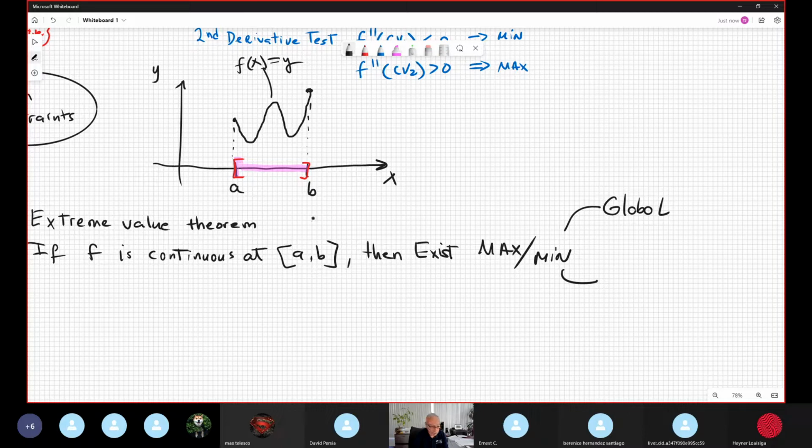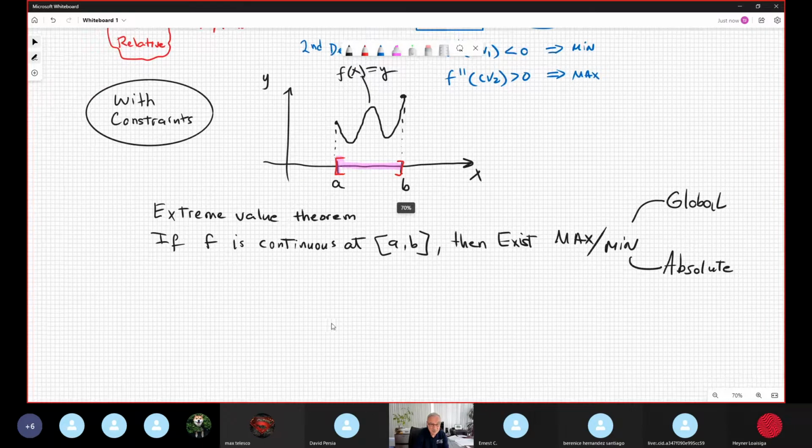Another name used is absolute. It's a synonym: local and relative, absolute and global. Global. And what's that?